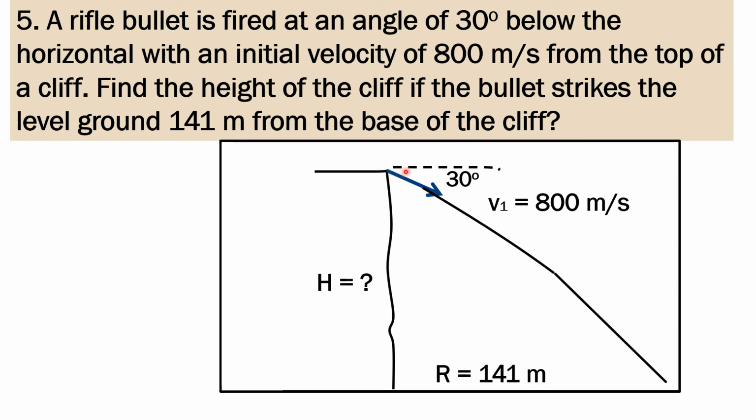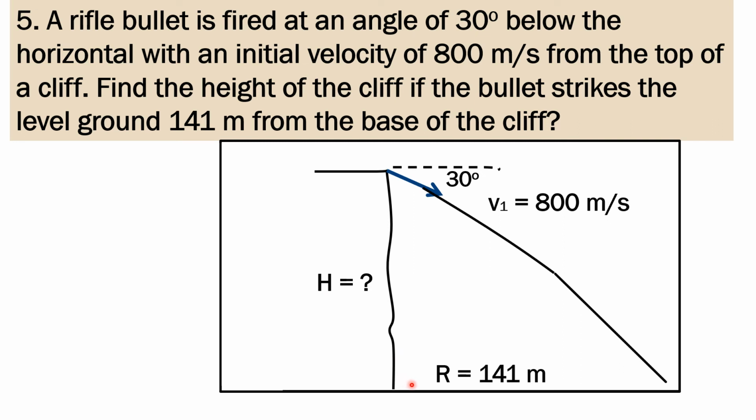From that dash line, the angle below it is what we mean by 30 degrees. And the magnitude of the initial velocity of the bullet is 800 meters per second. We are tasked to determine the height of the cliff, labeled here as capital H.